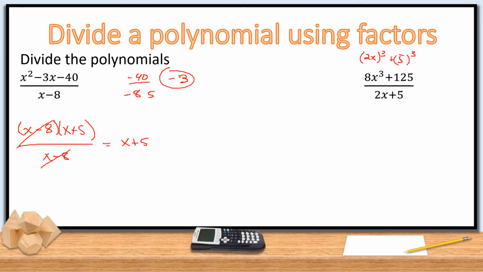So that would be 2x plus 5, remember the a plus b, times a squared, so 4x squared, minus ab, so 2x times 5, 10x, plus b squared, so plus 25. And now this is all over 2x plus 5, so my factors would cancel and I'd be left with 4x squared minus 10x plus 25, and then if I was asked to solve or anything like that, I could go do that.